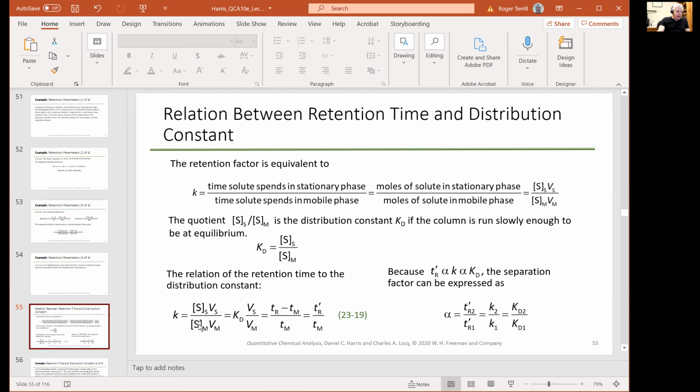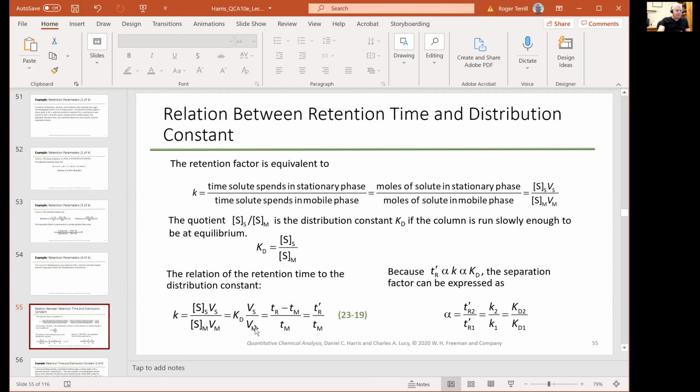And so you can relate that to little k by throwing in the volumes, right? And then relating the volume flow rates to the times, right? So a given k is T prime over Tm. It's also equal to K, capital K, times Vs over Vm. Now, that's as far as anybody ever takes it.